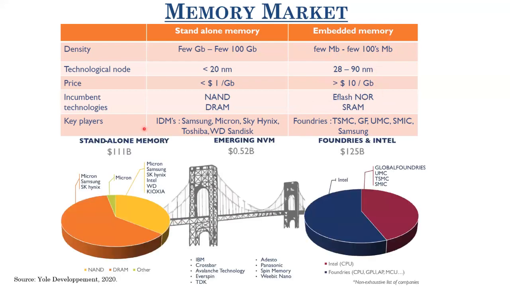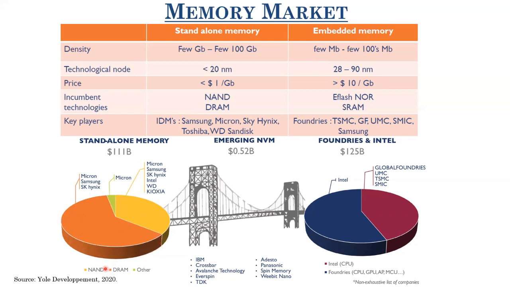If you look at the overall annual revenues, the standalone memory market has a revenue of $111 billion, whereas the embedded memory market has an overall revenue of $125 billion. If you look at the proportion, DRAM occupies 55% of the total standalone memory market.